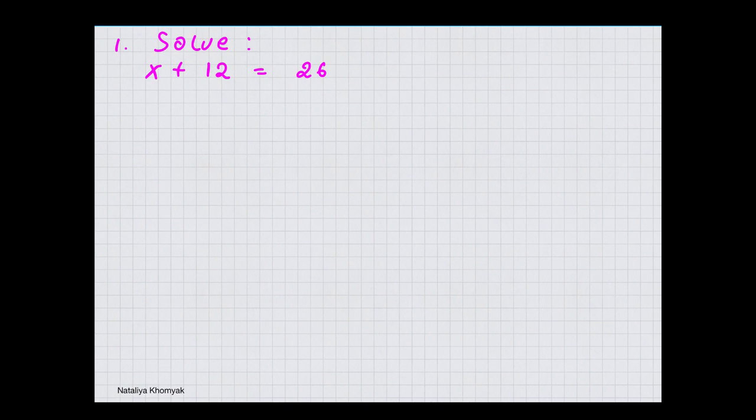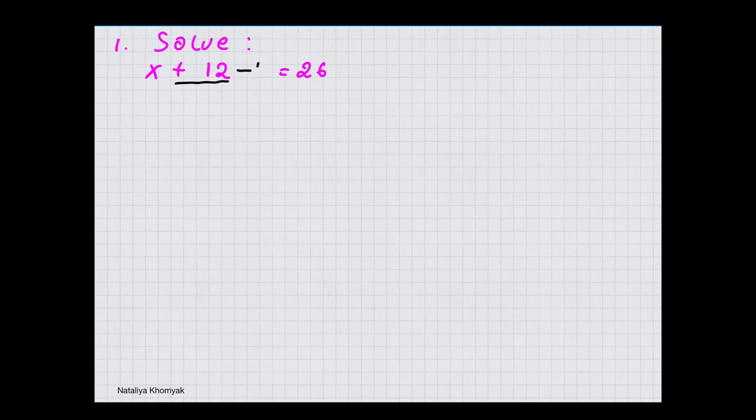So here we have x plus 12 equals 26. We have three terms here, and we can choose three different additive inverses. However, the only useful one would be the additive inverse of positive 12, because it will add up to 0.